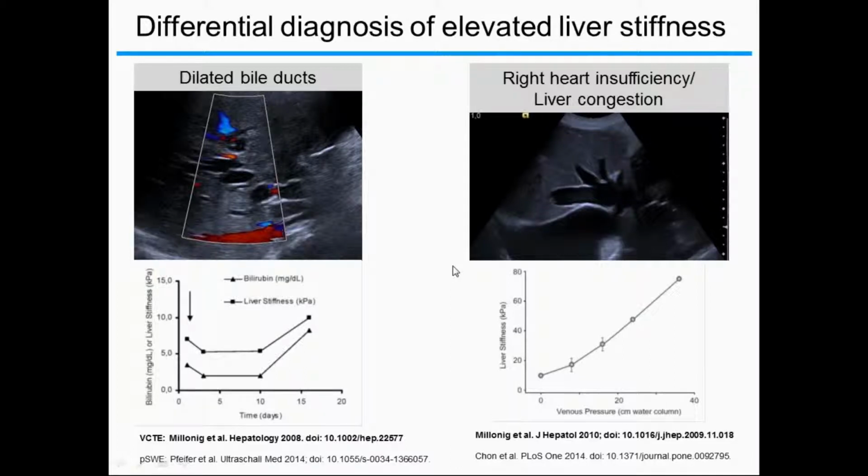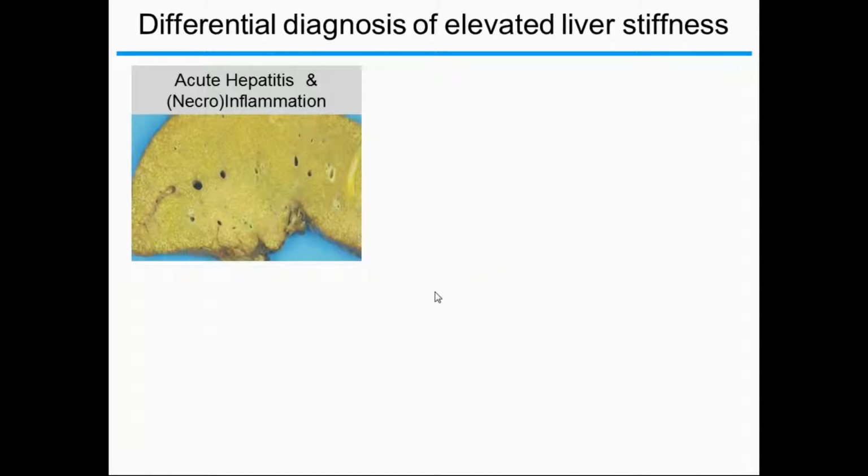And the same is true for congestive liver disease, for right heart insufficiency. Here you can see from an animal model that there is almost a linear relation between central venous pressure and liver stiffness. So special care should be taken in patients with right heart insufficiency when interpreting liver elastography results.